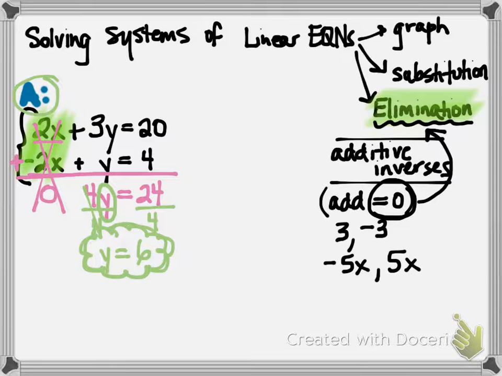So I like to pick the equation, either one of these two, that just looks easier for me to deal with. And I like smaller numbers. So I'm going to go with equation number 2. In equation 2, I'm going to take out the y, and I'm going to put in there what I know y has to be.